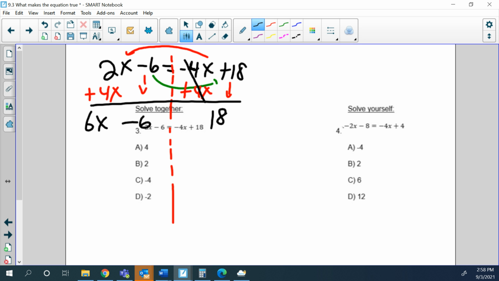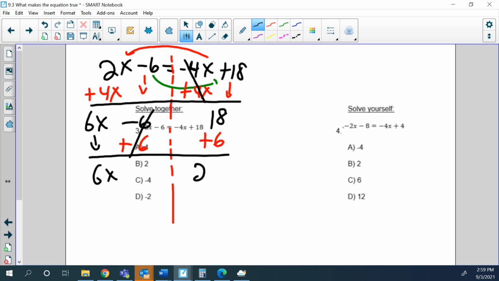Now I'm going to add a plus 6 here, which is the opposite of negative 6, on both sides. Draw my line. That becomes 0. So all I'm left with now on the left side is just the 6x. On the right side now, I have 18 and 6.